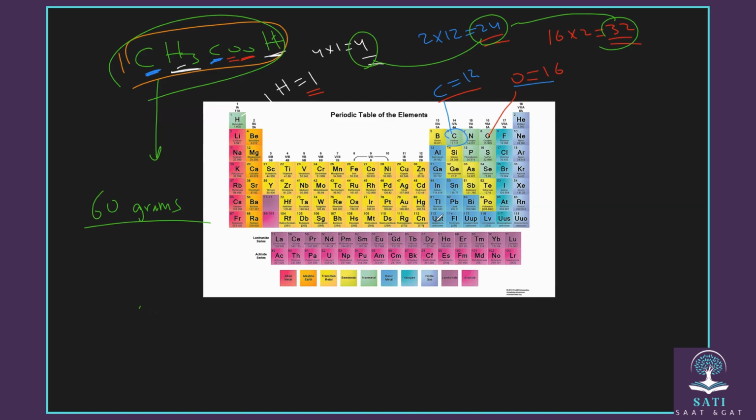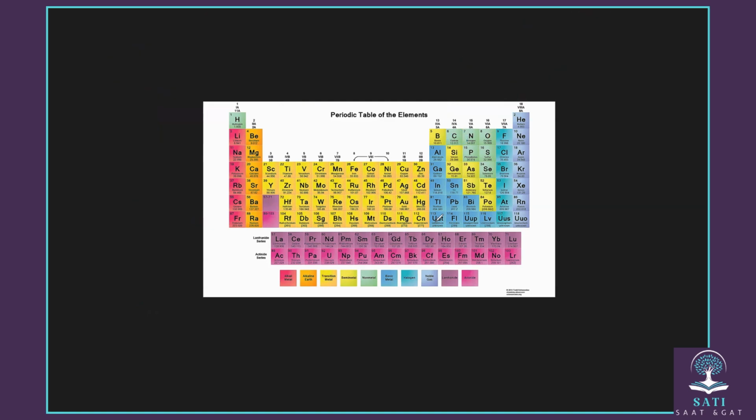So this is molar mass. So you understand molar mass for elements alone, for molecules, and also for compounds.